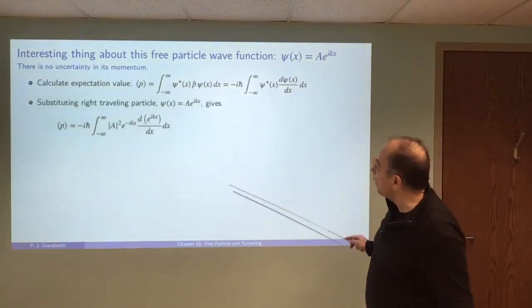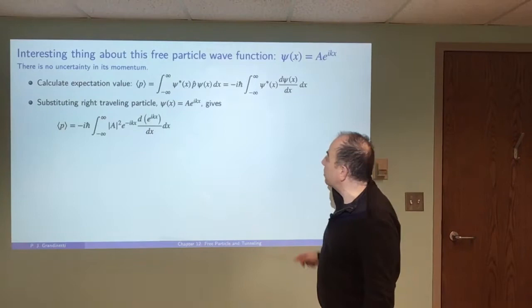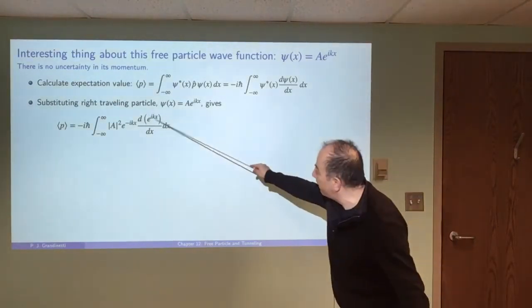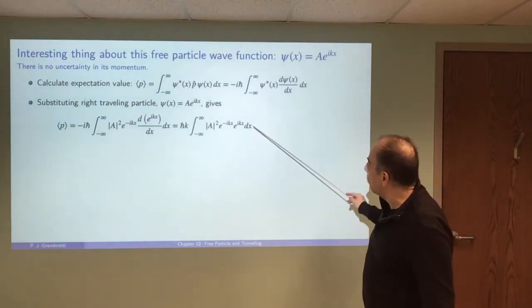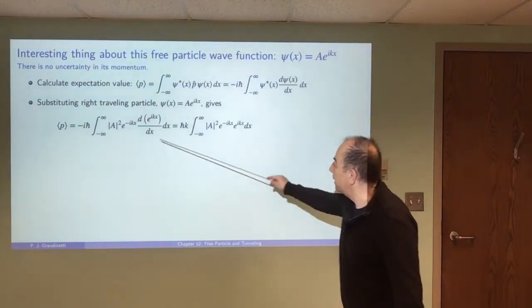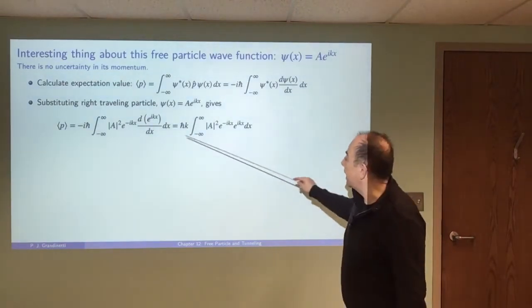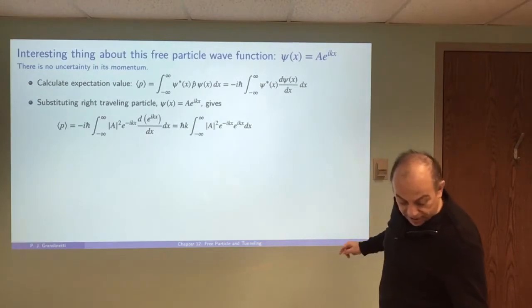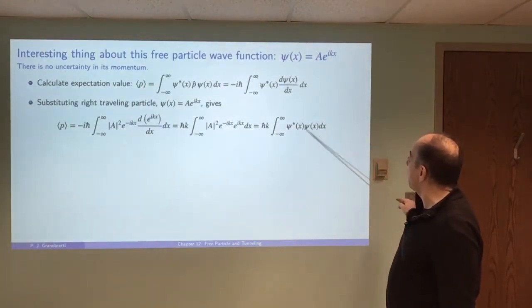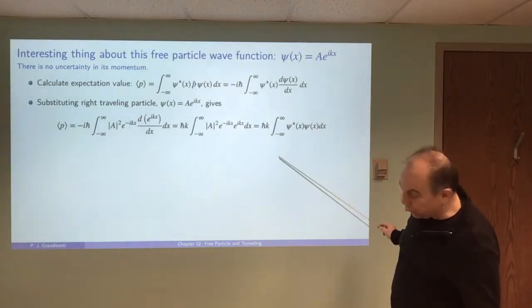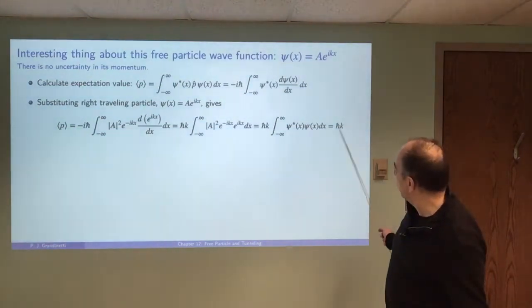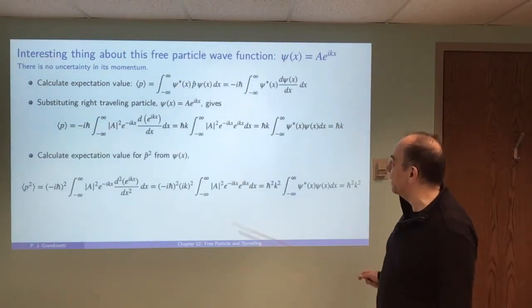So if we follow through with this, we use our wave function for the right traveling particle, then we substitute in, and we have to take the derivative of that expression, which gives us back this expression here, where we have to pull out the ik, and we get to this expression here. Then you can see that this just becomes the wave function times its complex conjugate, and of course then we know that just is going to give us back h bar k, which is the momentum that we knew we had to begin with.